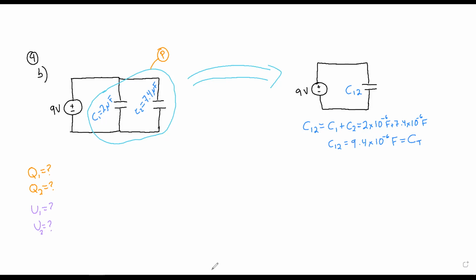Now, similar to what we did previously, we have the total capacitance. Now let's find the rest of the things. We know that the total voltage is 9 volts. And we can find the total charge.